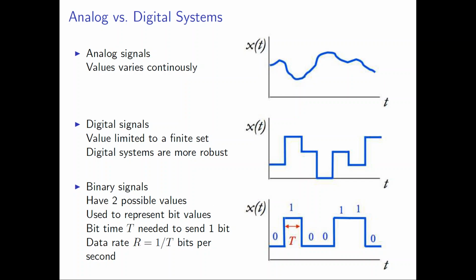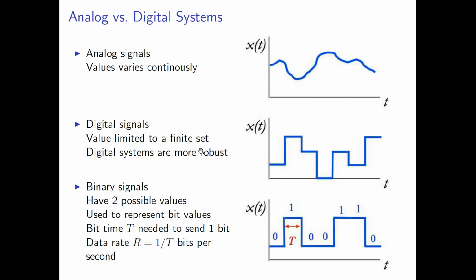Now, analog signal versus digital system. An analog signal, like x of t versus time, has continuous values. At any point of time, you have a value in the power or amplitude domain. Values vary continuously; you can have infinite values between any 2 points.